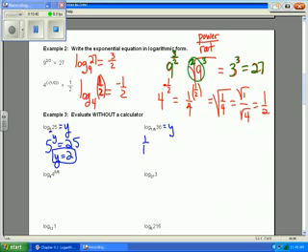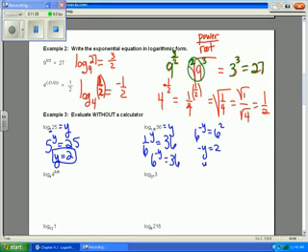Here, I would be saying 1/6 to what power is 36? Well, if you do not want to have that as a fraction, you want to make them together, I'd probably say 6 to the negative y equals 36. Some people can just see the answer from the beginning. Those who cannot, change this into a whole number. And then, of course, 6 to the negative y equals 6 squared. So then I'm going to set those equal, and y is negative 2.